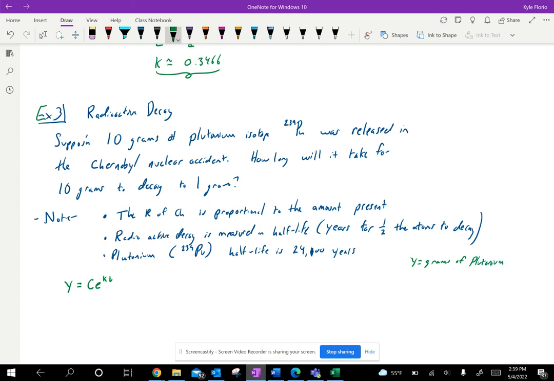So we're told that C is the initial amount, and the initial amount is, in this case, 10 grams to start. So y equals 10 times e to the kt.